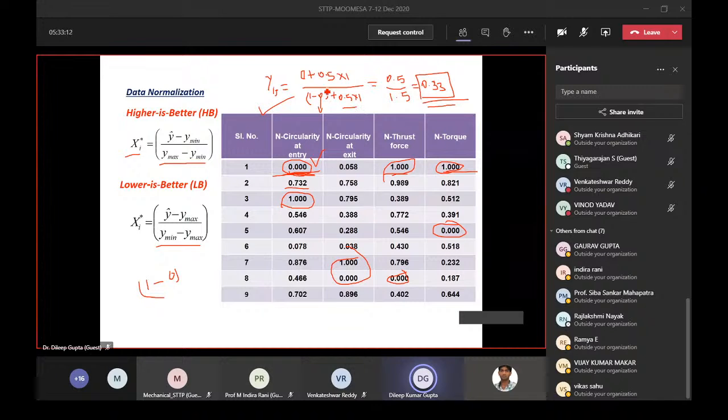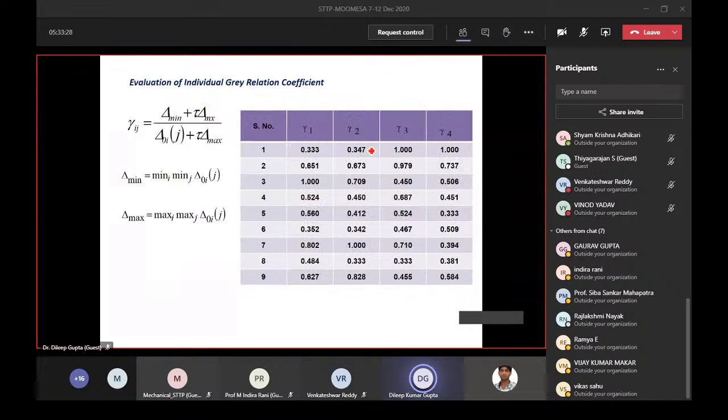Rest of the things remain the same. You will get different values. If you keep 1, so ये आपका 1 minus 1, 0 हो जाएगा. तो 0.5 divided by 0.5 again will become 1. Right? In this way you can have the whole data transformed as grey relation data. So now you have the grey relation coefficient individually. For this case, you will get 0.33 here, 1 here, and other values are here.